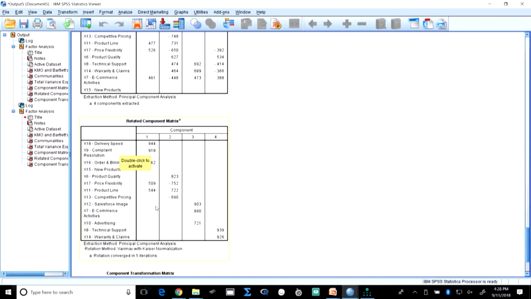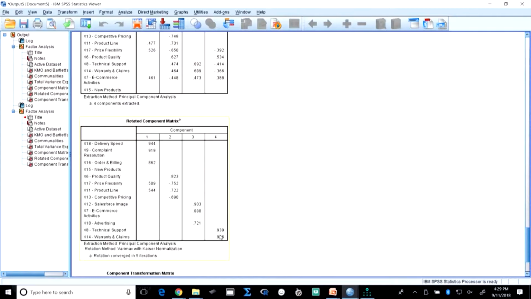Now, you have to see whether there is any relationship among the variables which are loaded into factor 1. Similarly, what is the relationship among the variables loaded into factor 2? What is the relationship, for example, for factor 3? Salesforce image, e-commerce activities, advertising. Most important, it is something linked to the promotional image.